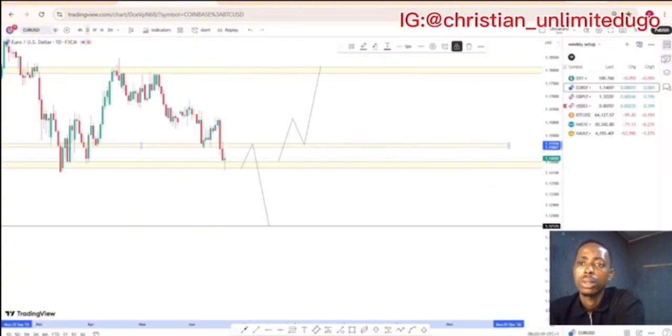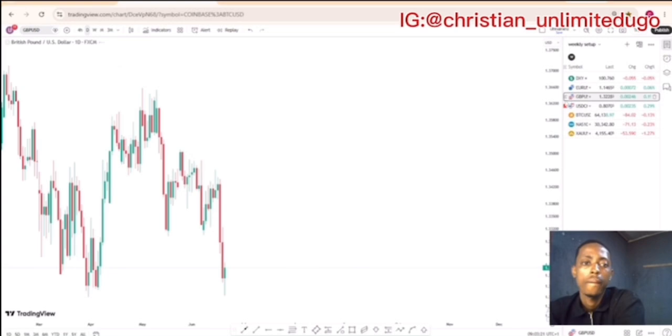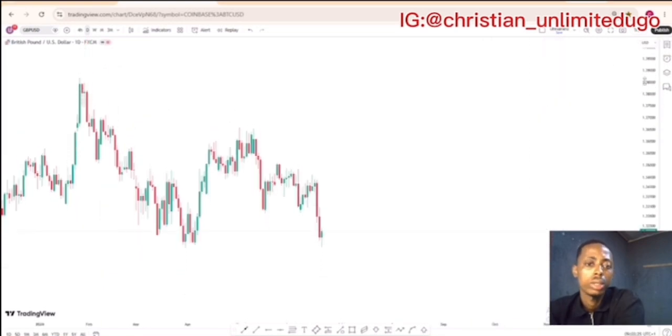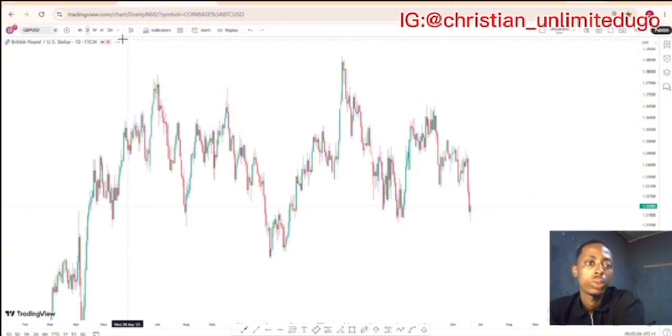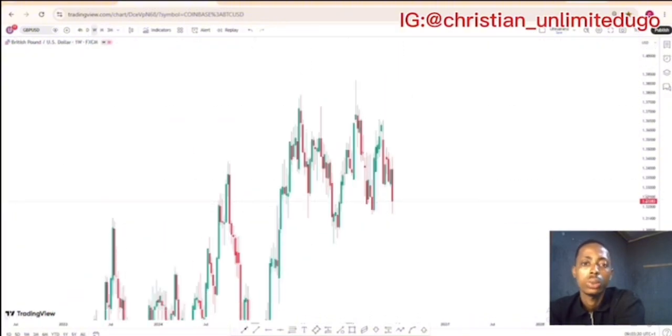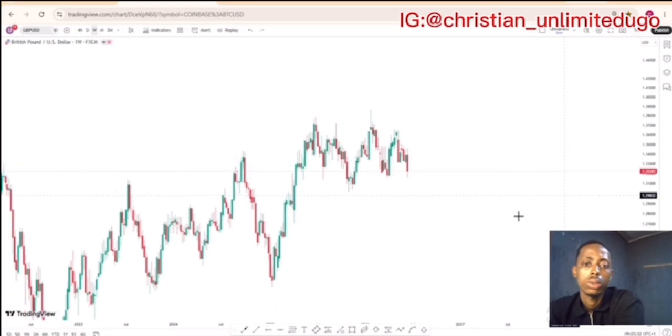So let's go to GBP USD. The same thing on GBP USD. Firstly, we go to the weekly time frame to mark out our highs and lows. So as you can see, we have this level.